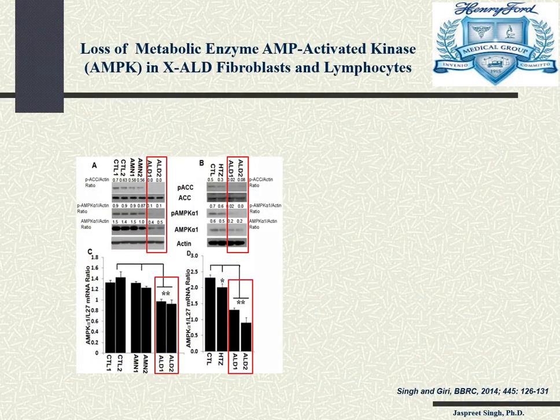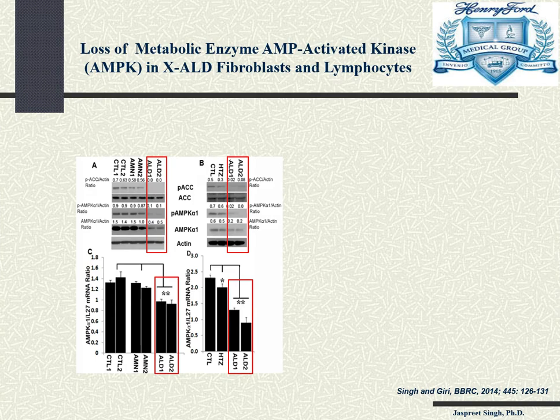I have been focusing until recently on the proteomics aspect of the disease, and during those studies, one of the things we found was this gene AMPK, AMP activated protein kinase, which is a metabolic gene, but it's also known to play an anti-inflammatory role. It has been shown that under inflammation, its expression or activity goes down.